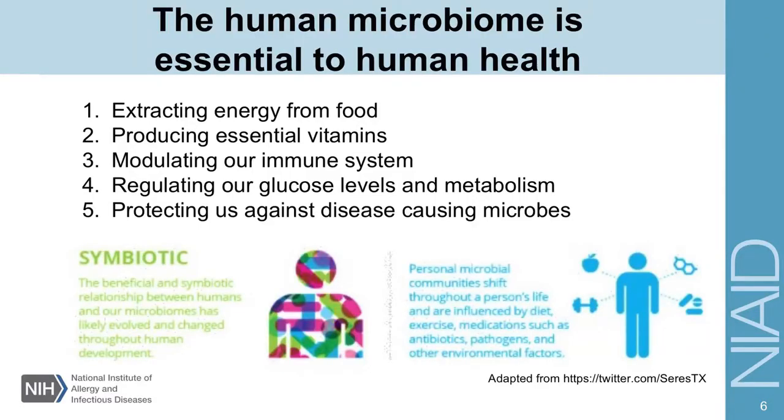And we now appreciate that the human microbiome is very much essential in many functions in our cells, and that there's a very good symbiotic relationship, and that of course there is an influence by diet, exercise, medications, and so on in our communities, and that's very important.